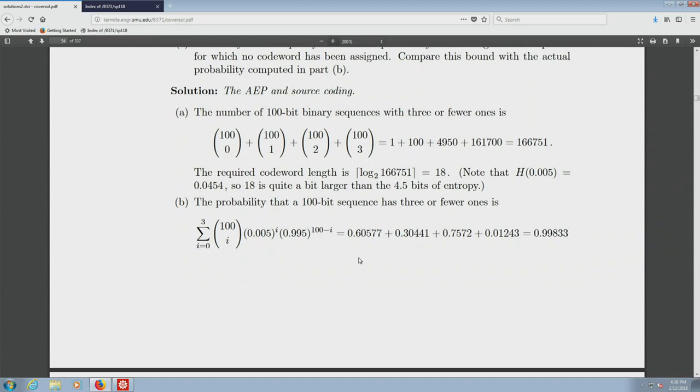So you could use a computer to do the matching if you wanted to, right? You have 100 bits coming in, you send out 18. You take 100 bits and you compress it.